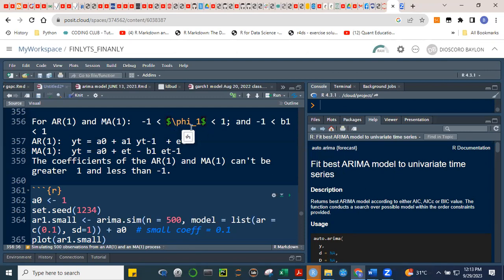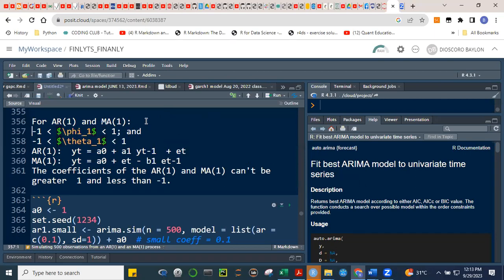And we know that for a Greek symbol, it's slash, then phi, and then _1. So, phi sub 1. And this one is your theta sub 1, slash theta, 1. This is your coefficient for your MA1.